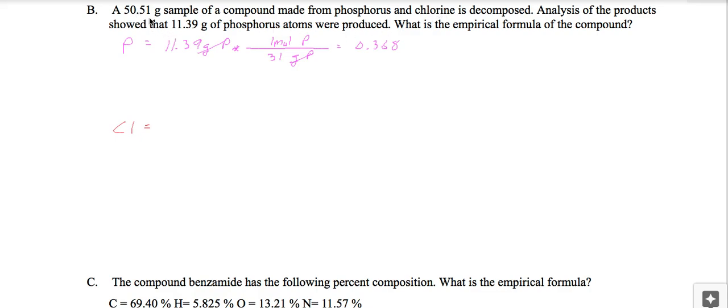So if we subtract those two things, our chlorine is going to be 50.51 minus the phosphorus, which is 11.39. That will get us our answer for chlorine, and that is 39.12. So now I have my mass of chlorine. I can convert that into moles.